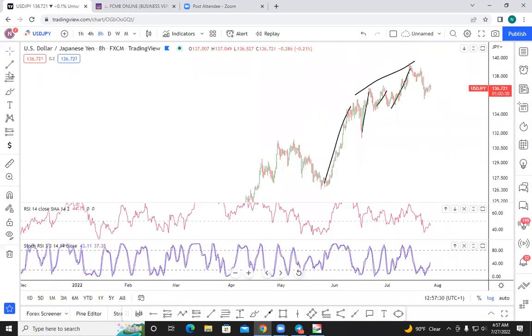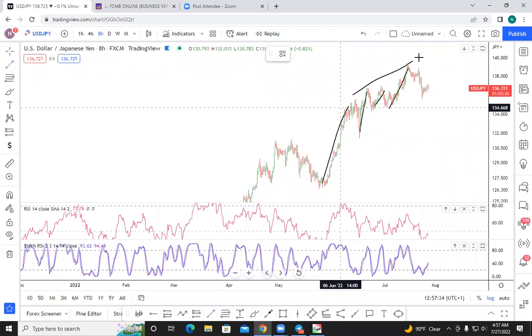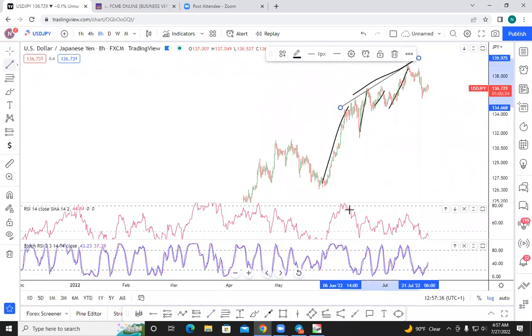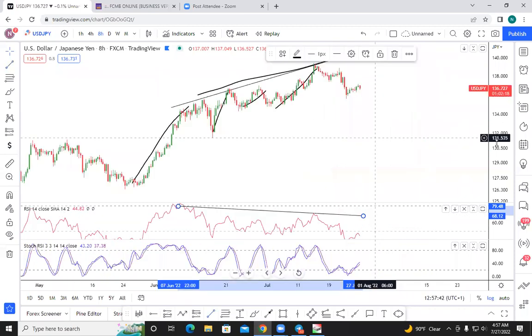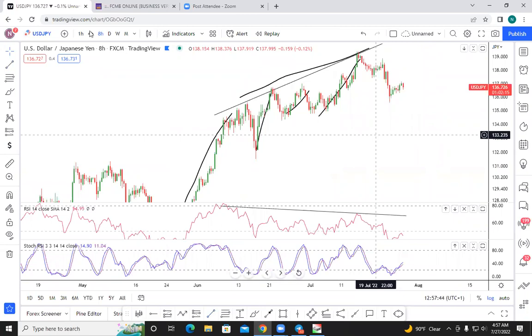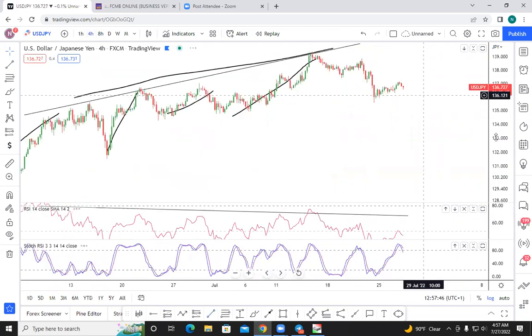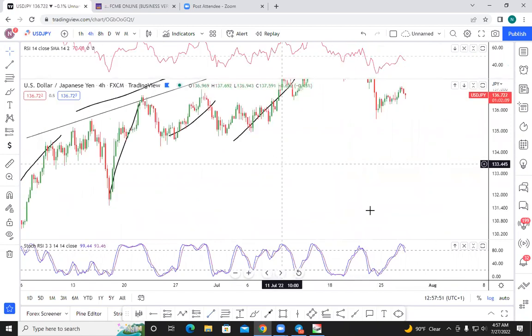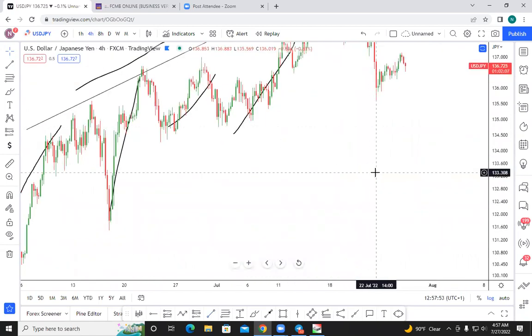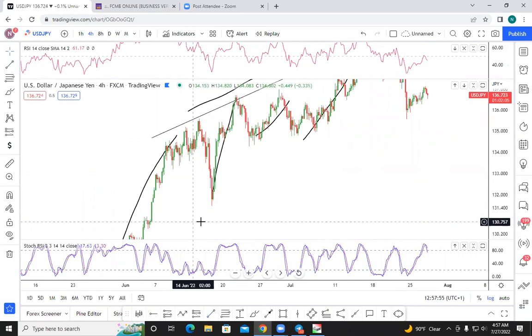Right here you're having a higher high, and right here you're having a lower high. This is already a clear case of a divergence in a higher time frame. So all we need to do is simple. We need to just get it right in the lower time frame.